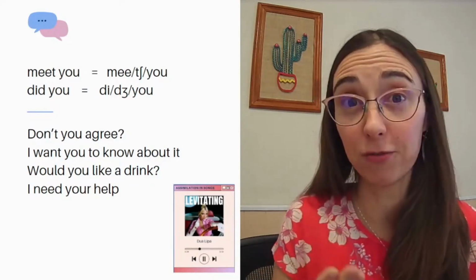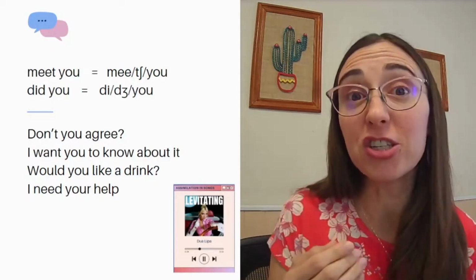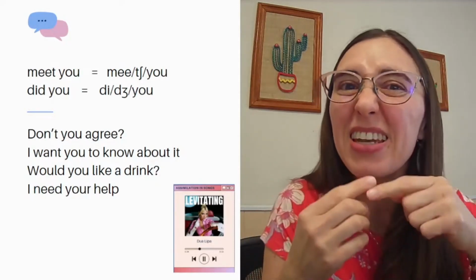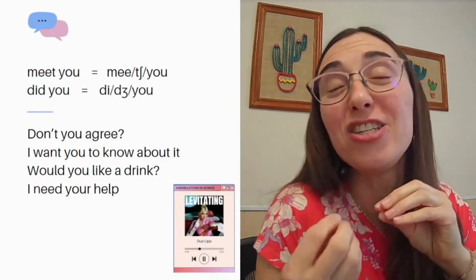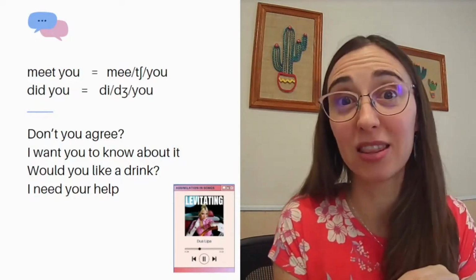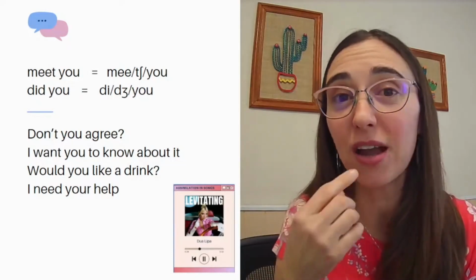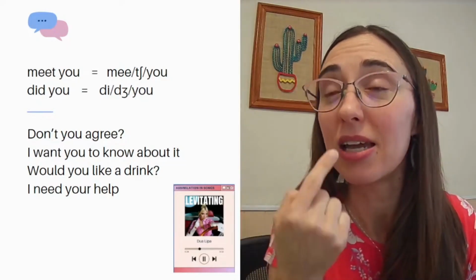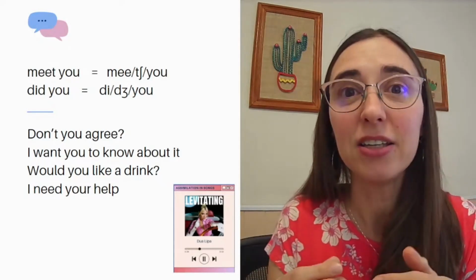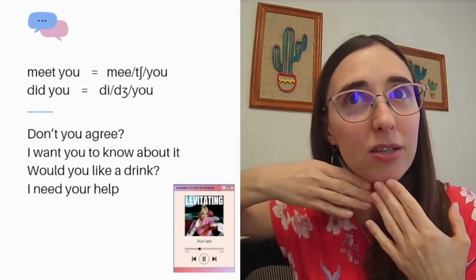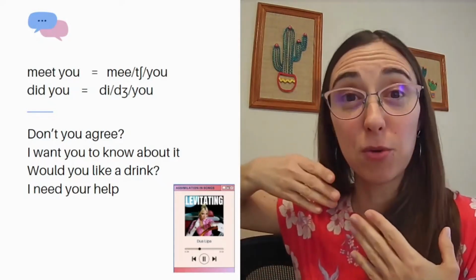If you have a sound that, for example, finishes at the front of your mouth, but the next one is at the back of your mouth, you do, or they do, something to connect them. This is what happens here. You have the sound "meet," the T is behind your upper teeth, let's say, and "you" is a sound that goes towards the back of your mouth.